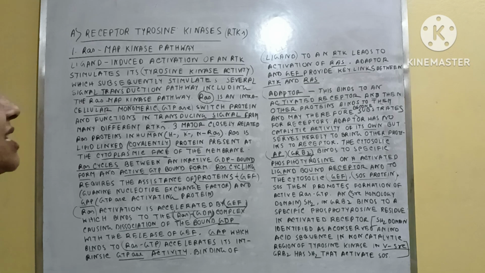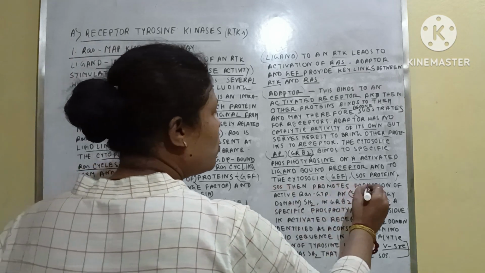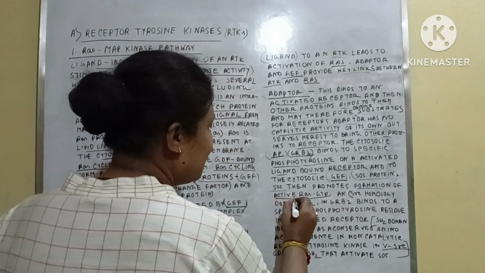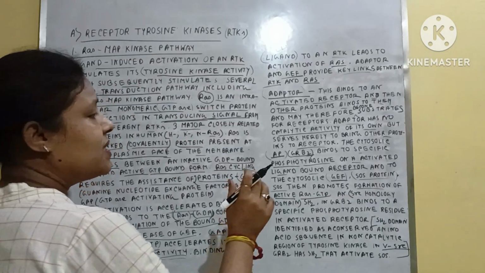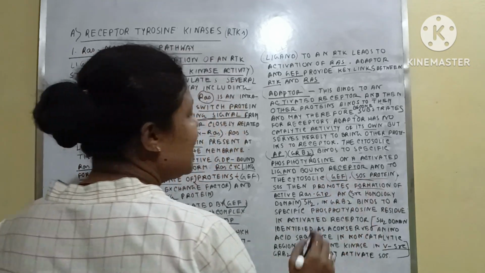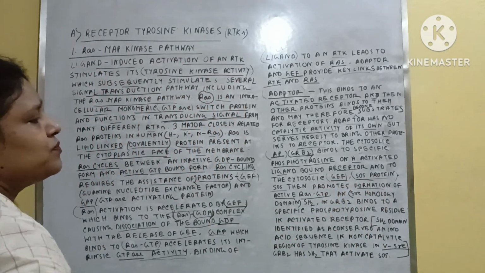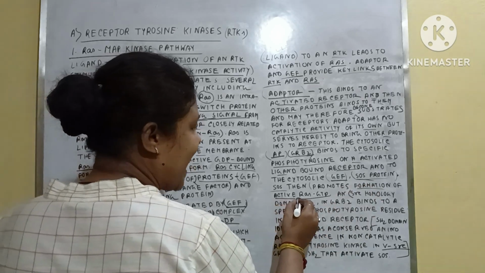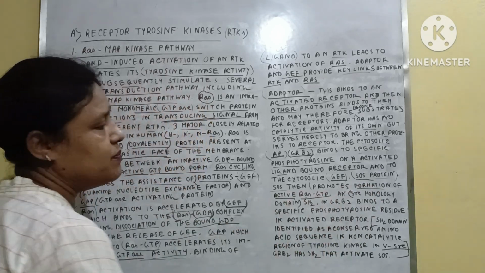Okay, and SOS then promotes the formation of active RAS-GTP. What is the role of the SOS protein? Its role is that it helps to promote the formation of active RAS-GTP.